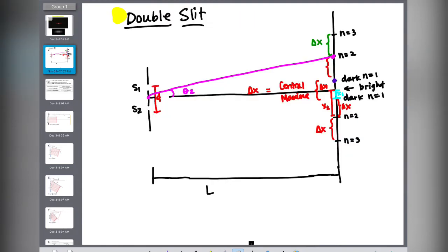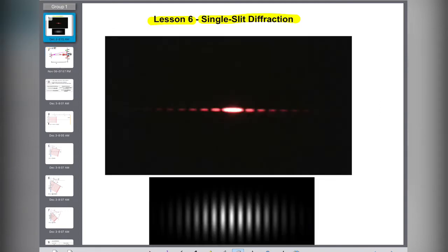Based on what I talked about, the central maxima is what helps you tell single slit versus double slit. We already talked about how delta x is exactly the same between every dark line in a double slit experiment. So if I point you to that, hopefully you understand that this is a picture of a double slit.